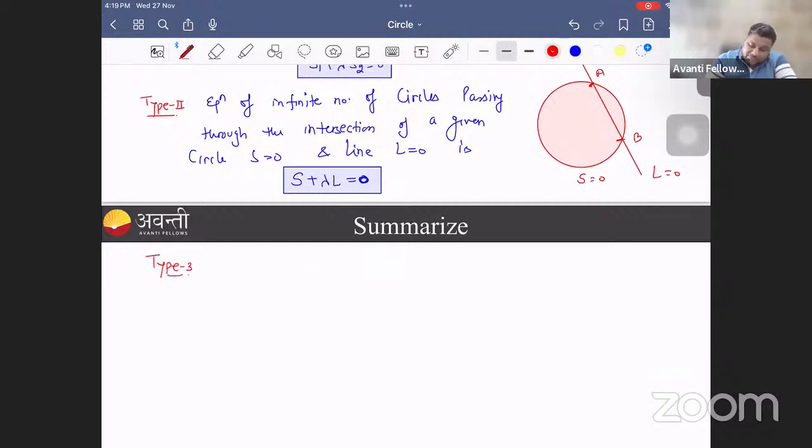Then type 3. Type 3 is now they're providing you just 2 points. Say this is the point A x1 y1 and this is the point B x2 y2. Got it?